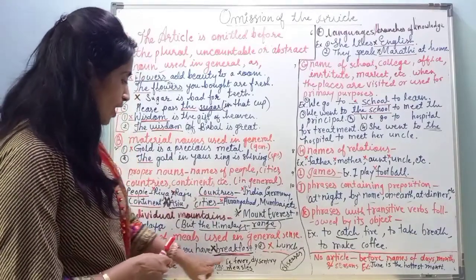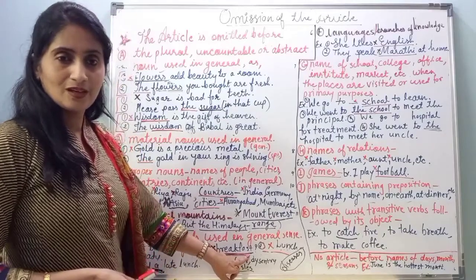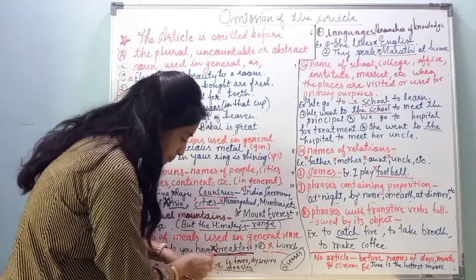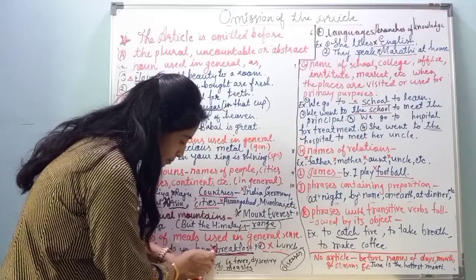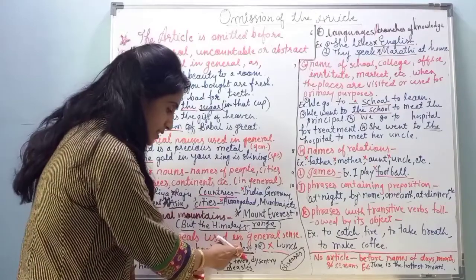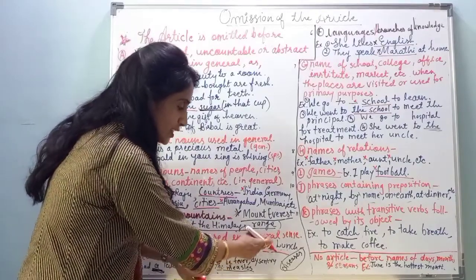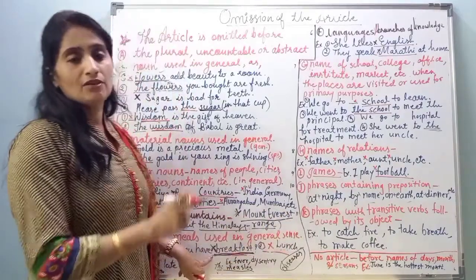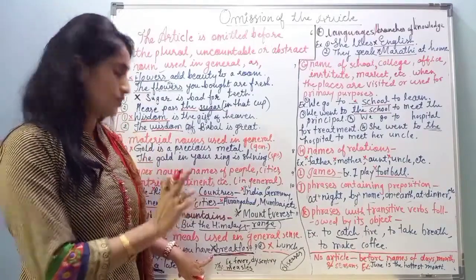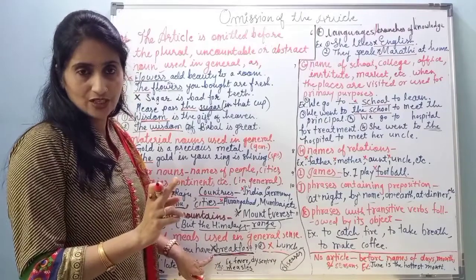What time do you have breakfast? In this sentence, breakfast is a noun, and before this noun, we have not made use of any article. Why? Because this noun is used in general sense, and if a noun is used in general sense, there is no article before it. Fine?